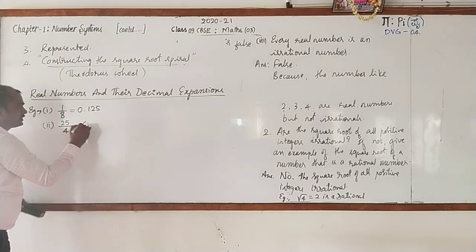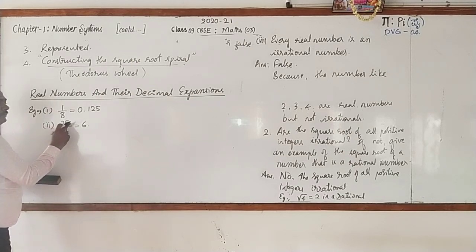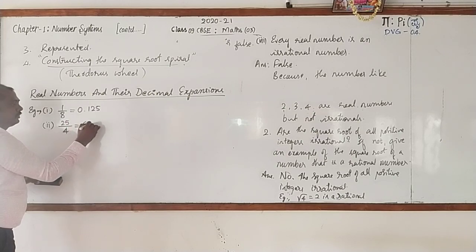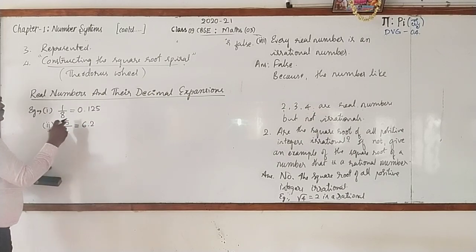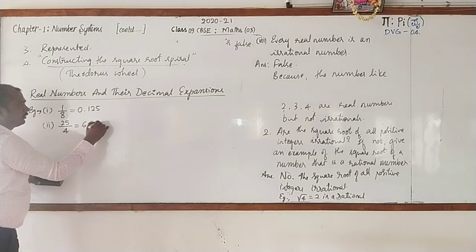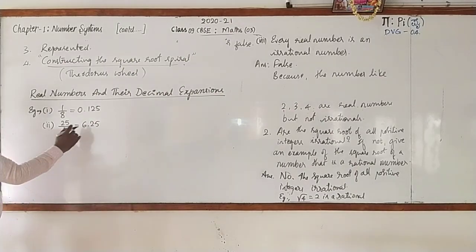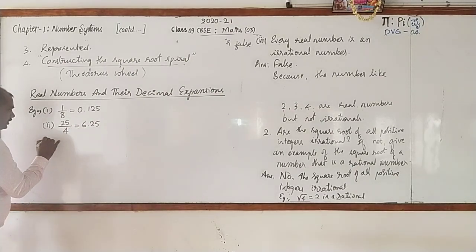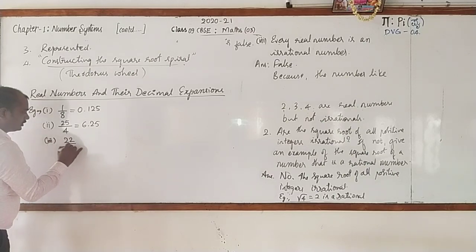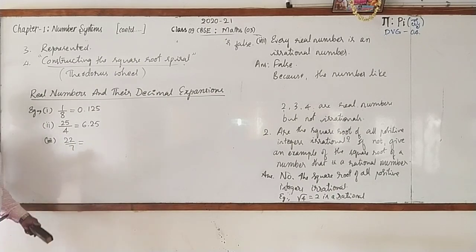Now 4 6s are 24. 1 will remain. Put decimal and take 0. It becomes 10. 4 2s are 8. 2 will remain. 20. 4 5s are 20. So 6.25.